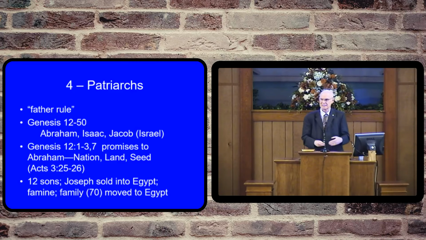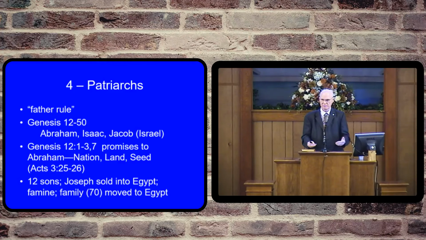And one of those sons was Joseph. Joseph wasn't liked by his other brothers. They were jealous of him because he was his father's favorite. So they sold him, and he wound up in the land of Egypt. Through the blessings of God and his righteousness, he was promoted to second in the kingdom in Egypt for a purpose.